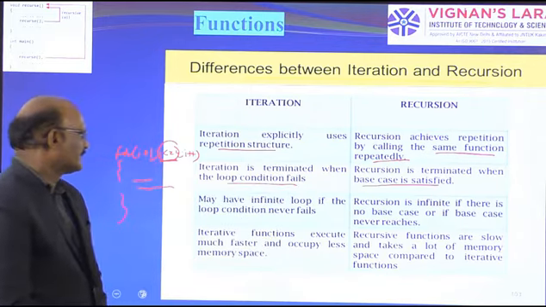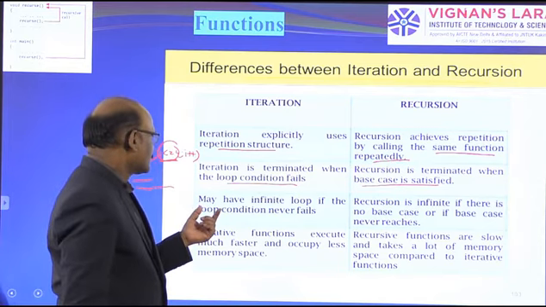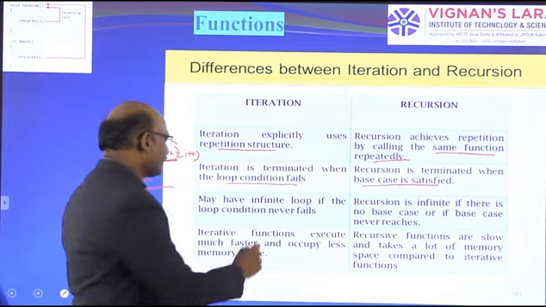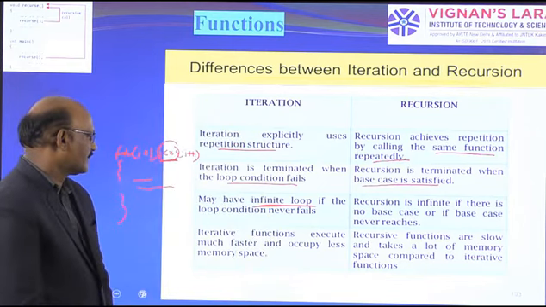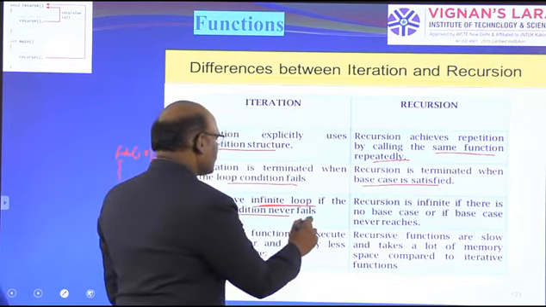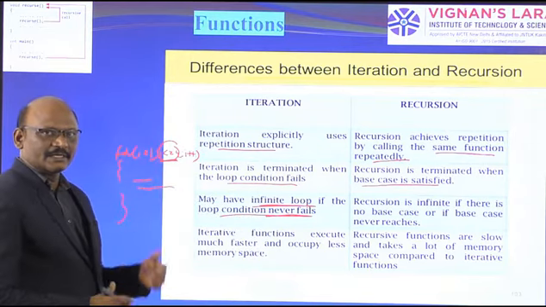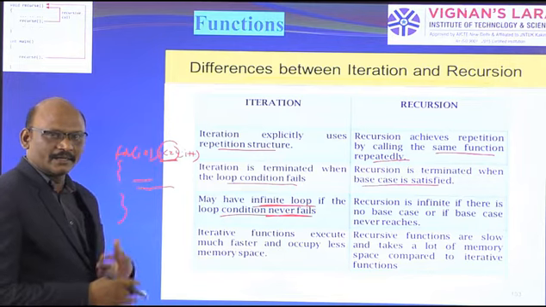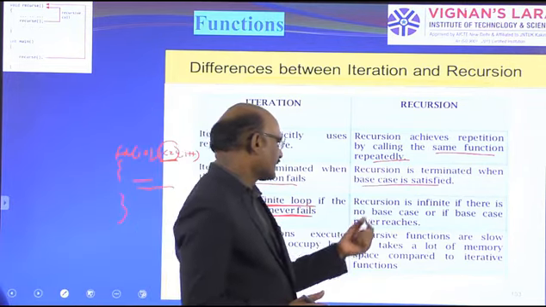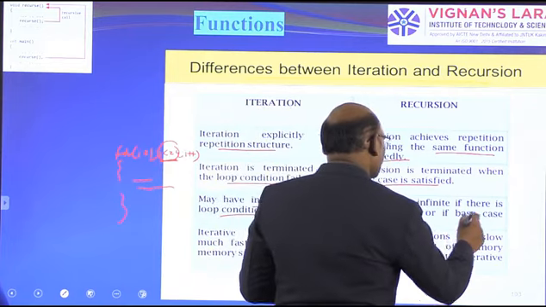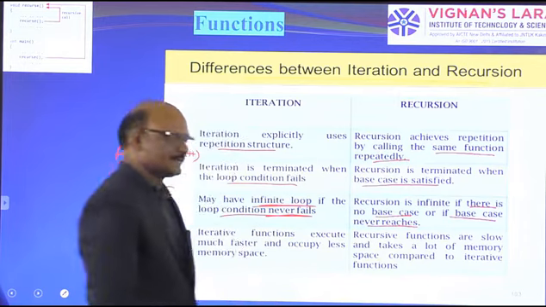Iteration is terminated when the loop condition fails. Iteration may have an infinite loop if the loop condition never fails. Recursion is infinite if there is no base case or if the base case never reaches.